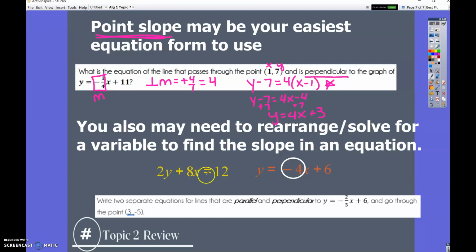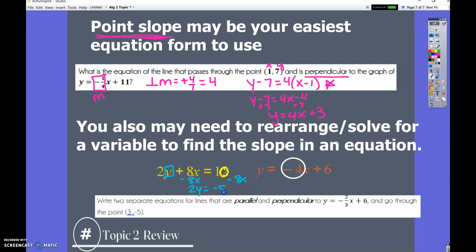Finally, these 2 lines in yellow and orange down here, they ask if they are perpendicular or parallel or neither. So I can see the slope in my orange equation as a negative 4. I want to check if this graph has the same slope or a different slope. So I will go ahead and solve for my y. By getting y all by itself, I'll have it in the form of y equals mx plus b.